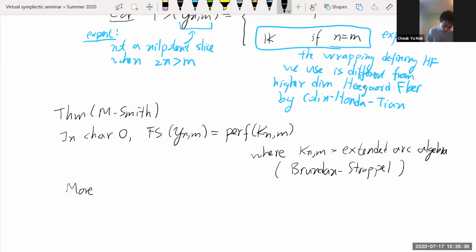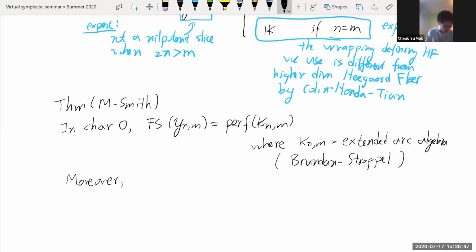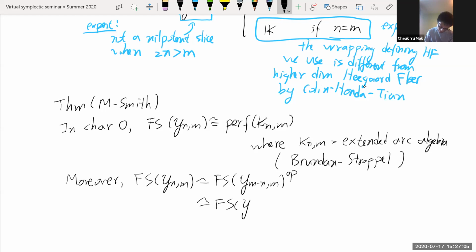Actually, from this Cauchy equivalence, one can deduce that the Fukaya-Seidel category of YNM is Cauchy equivalent to the Fukaya-Seidel category of Ym minus Nm.